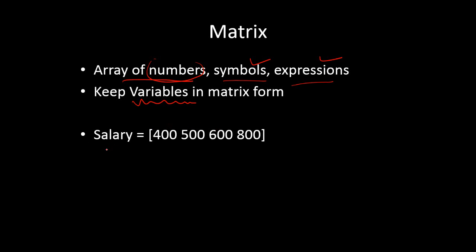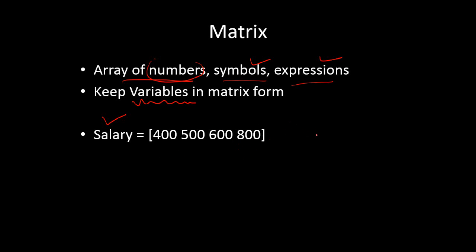The example of a matrix is like this. Say for example, salary. We are keeping the salaries of employees in an array form where we separate the salaries of employees by a space or a comma, and we store it in this form. So that becomes a matrix, right?